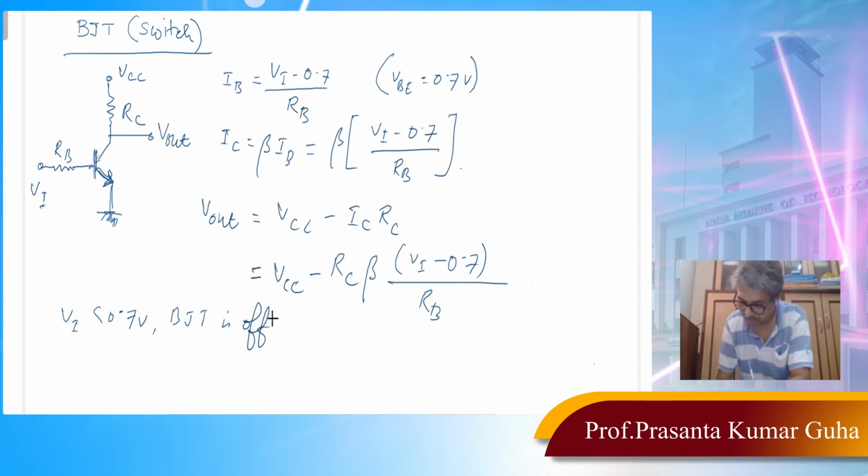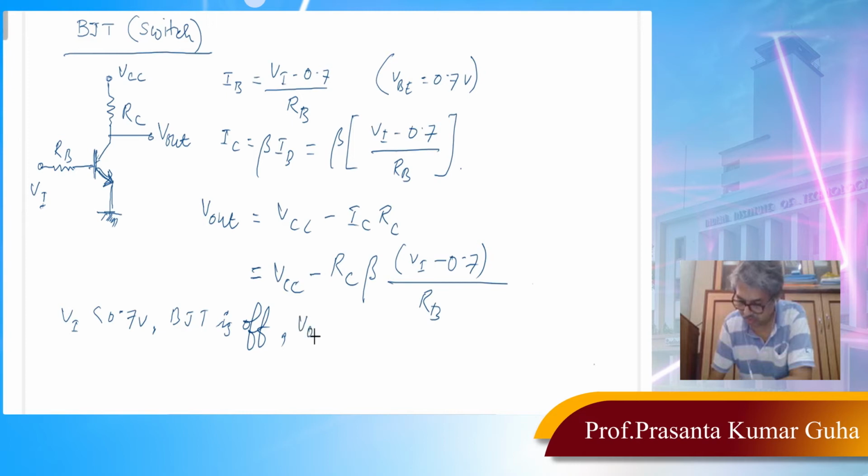Because this base emitter junction will not be forward biased, right? So in that case there is very little amount of current flowing through the BJT, and we can say that there is no voltage drop across RC. So this entire voltage will be across this transistor.